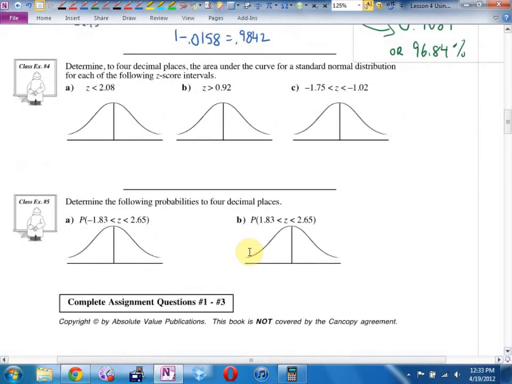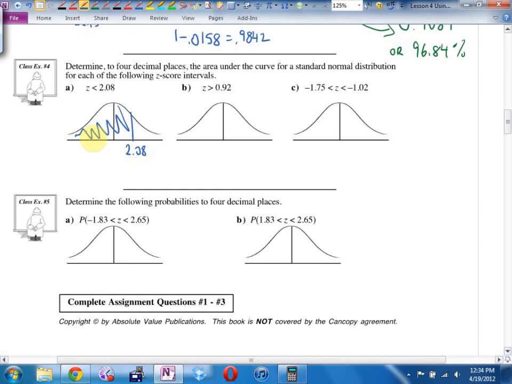It says determine to 4 decimal places the area under the curve for a standard normal distribution for each of the following z-score intervals. Okay. Z, that symbol there, less than, to the left of, or greater than, to the right of. Again, if you're looking for a dumb way to remember, it's pointing to the left. Here's 2.08, about there. They want this area here.